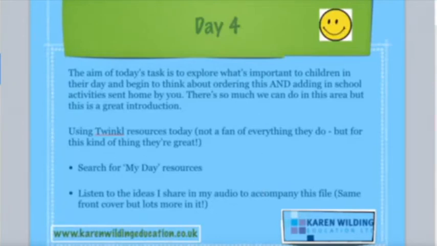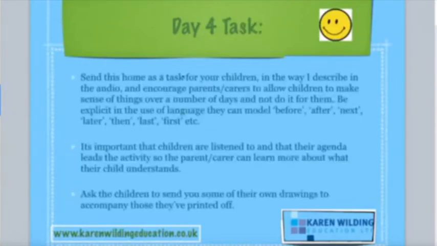I've said, make sure you listen to the slides if you are just looking at the slides on their own. This bit is for later, really. If you get parents to start doing this over a number of days, I'll give some more input on this tomorrow, but maybe the parent just generally talks about before and after and next and then with the child on a daily basis rather than with the pictures to begin with.